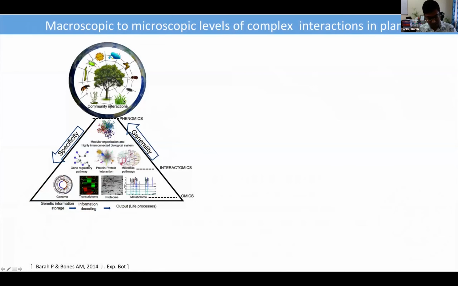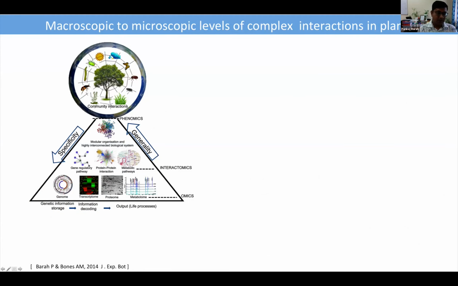Many people have been studying plant stress responses in lab conditions, and why it is important to study plant stress, you all already know, because of food security and climate change. But when we look at what is happening in the field, most plants are exposed to multiple stresses at the same time. Yet most stress experiments in the laboratory consider one stress at a time.